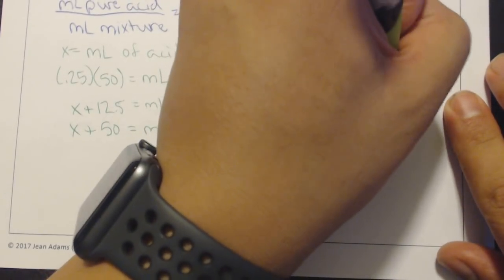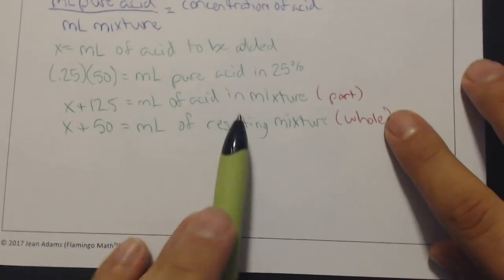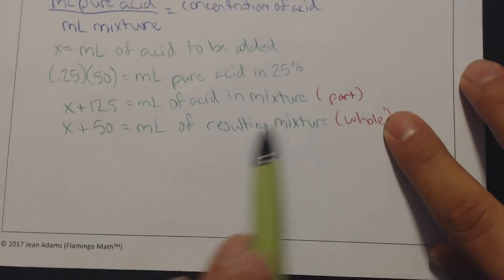And what we really can say about these two equations is that this is part of the mixture, and this part is the whole mixture. So the acid is a part of the mixture, and this is the whole thing afterwards.